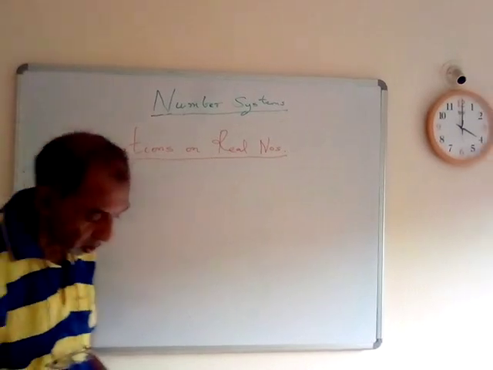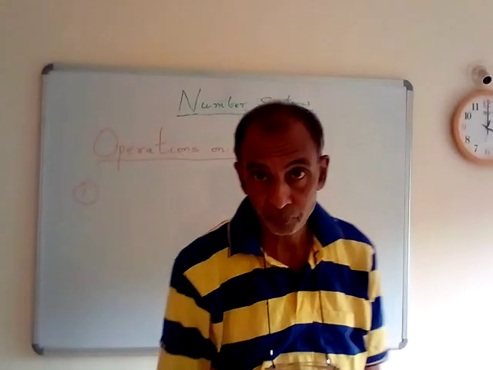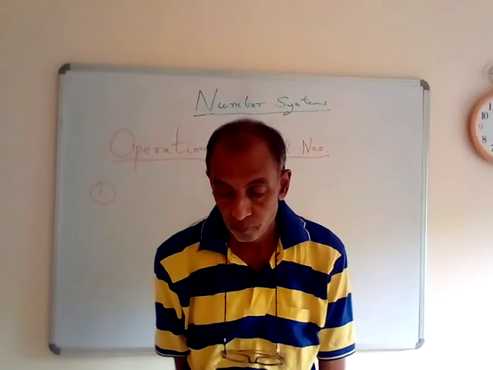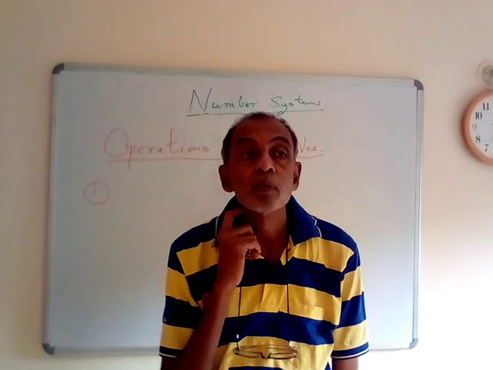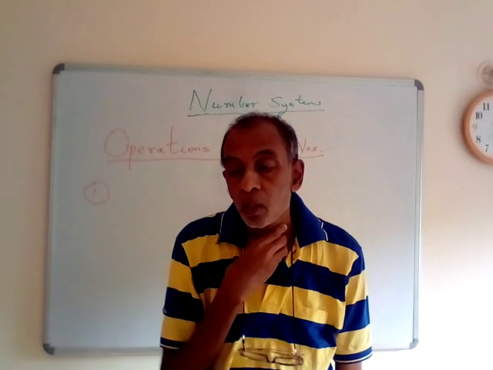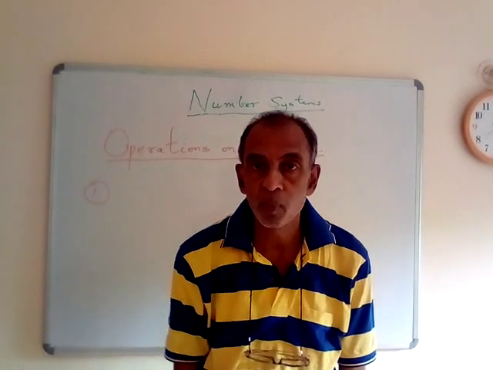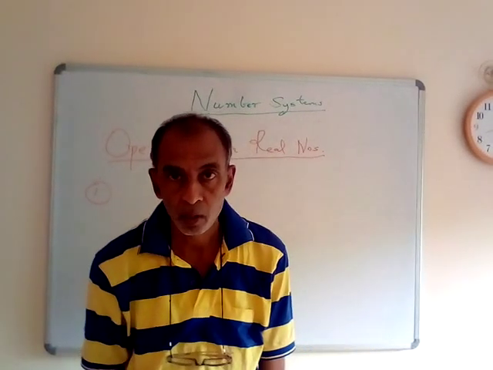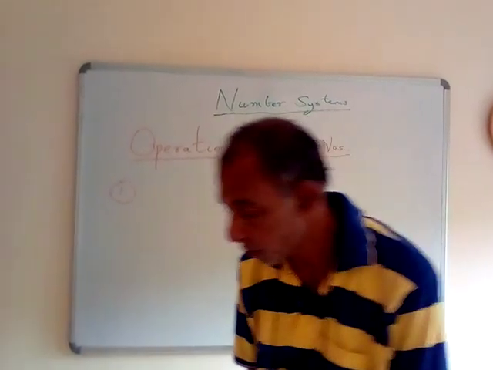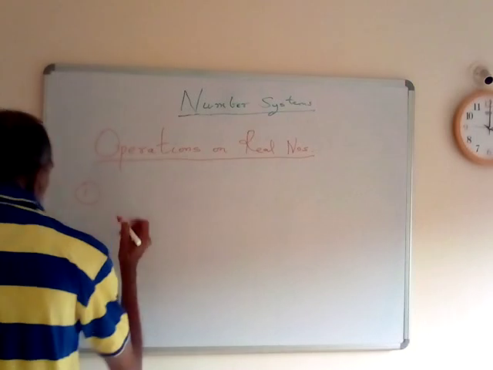First is the sum or difference of a rational number with an irrational number will be irrational. I'll write it down and I'll explain more about it.